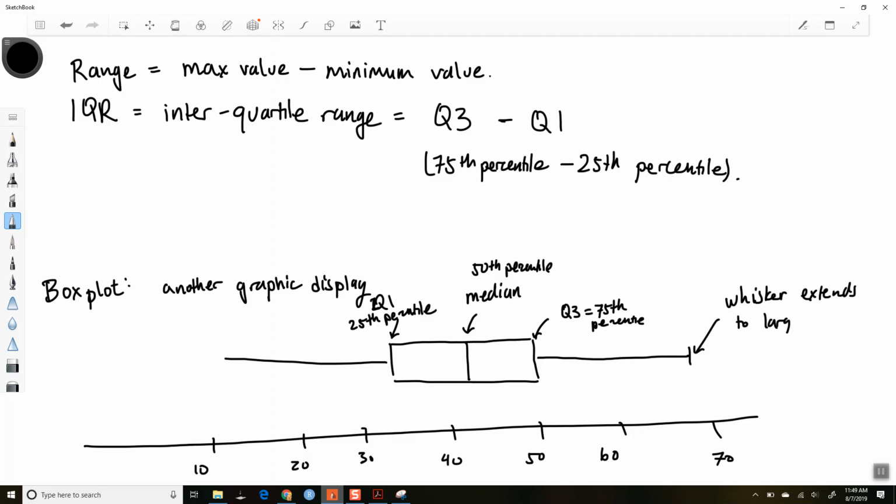It extends to the largest and smallest points that are not considered outliers. Okay. So if you do have an outlier, it will generally be represented by little circles or dots, okay? And so the whiskers will go to the smallest or biggest data point that is not considered an outlier. And data points that are considered outliers get represented with dots there, okay?